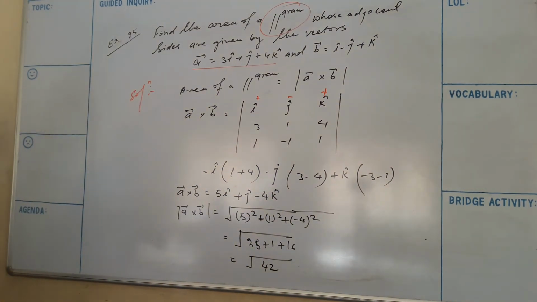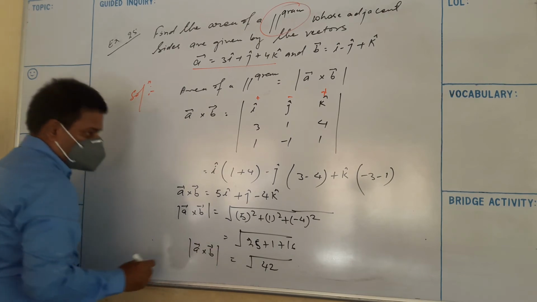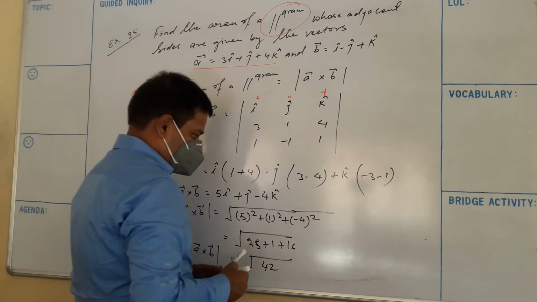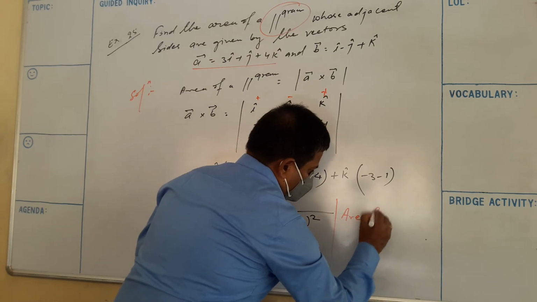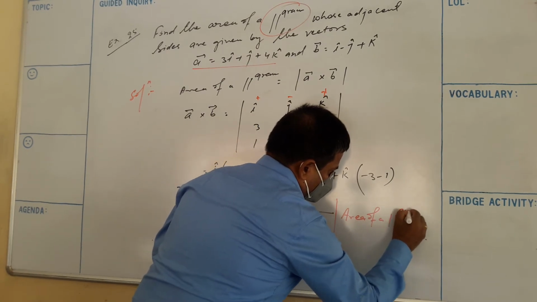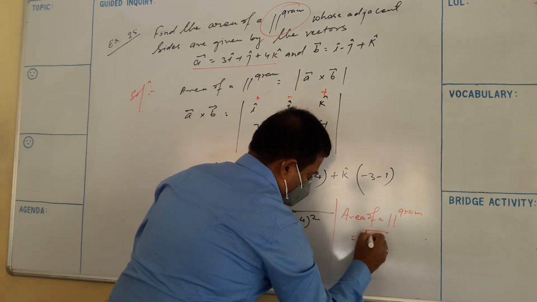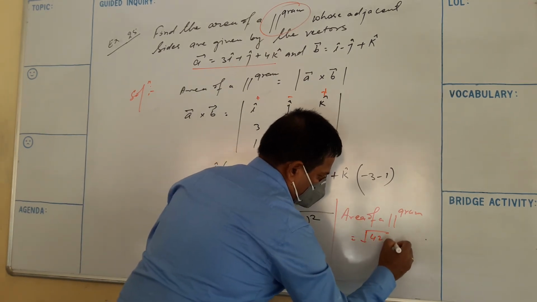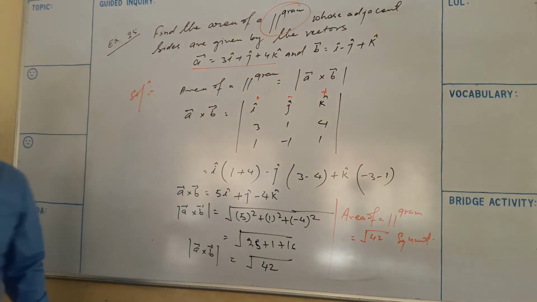Clear? Okay. Area of a parallelogram is equal to square root 42 square unit. Clear?